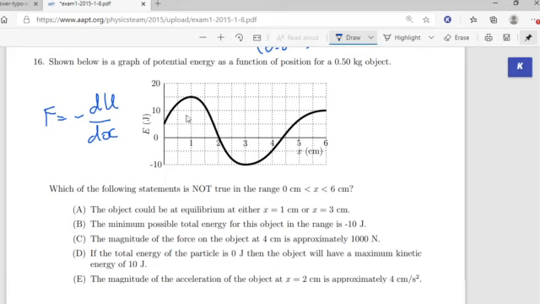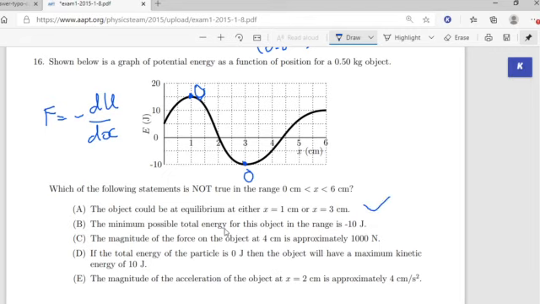And equilibrium means the net force is 0, and we can indeed see that, sorry, I lost my train of thought. Okay, we can indeed see here that the net force is 0 since the slope is 0 and this is the slope. It's also 0, so this checks out.